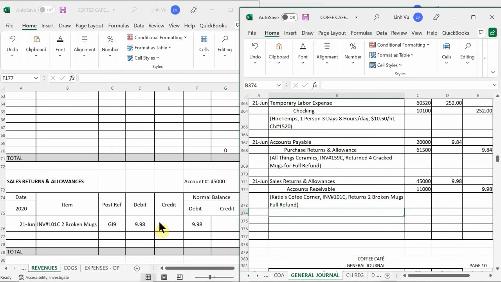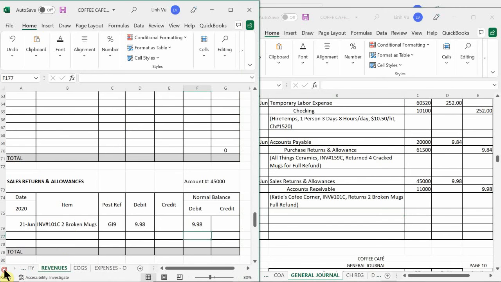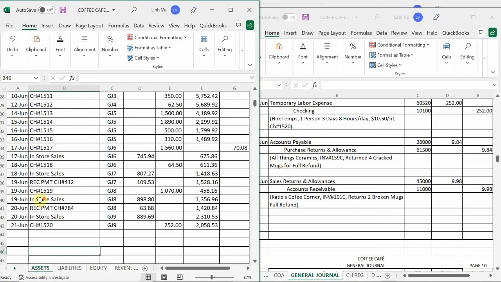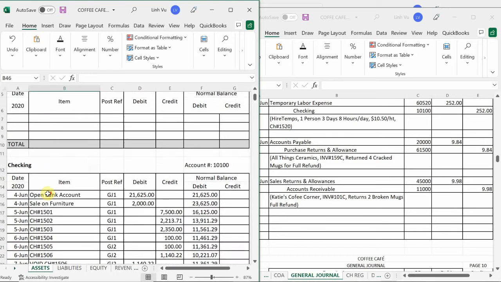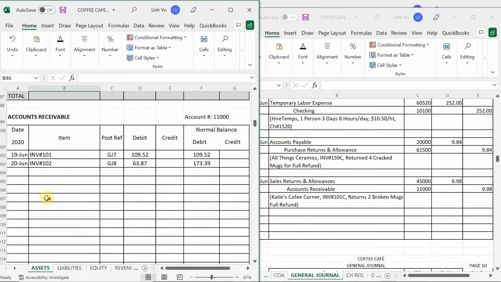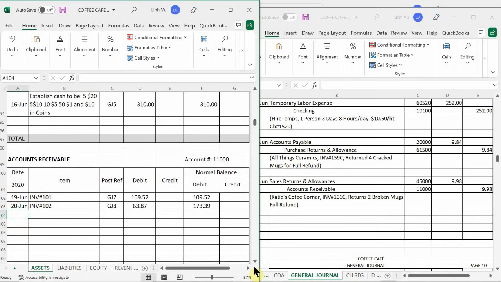And then we have to also adjust the accounts receivable account because we have less money to collect this time. So accounts receivable, here we are. You can write your invoice 101C, and you could say refund 2 broken mugs.